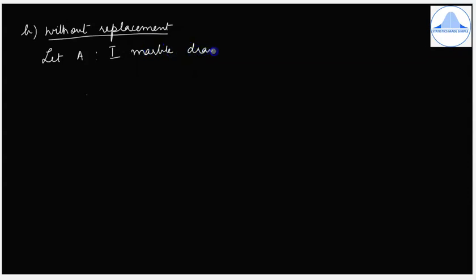Now let us find out the next subdivision, that is without replacement. So subdivision B, without replacement. So let's define event A as first marble drawn is black and event B is second marble drawn is black.